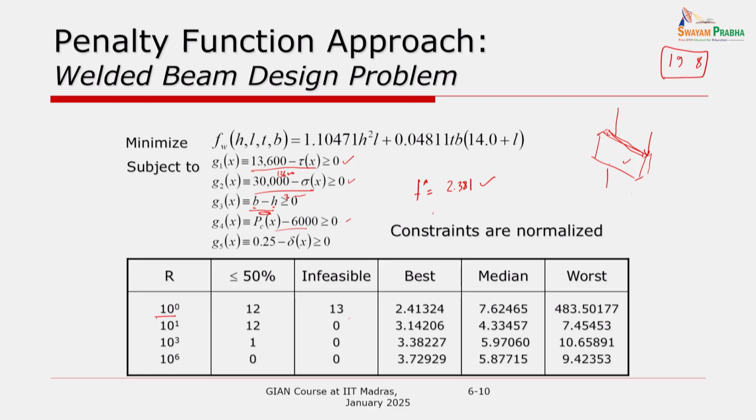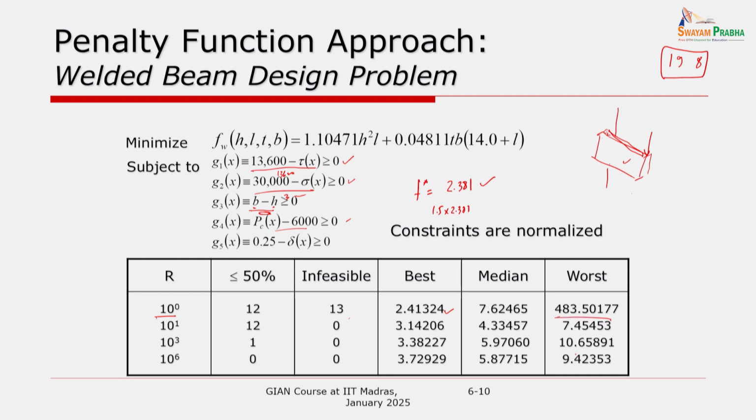So 1.5 times of that, I'm saying if I can get a solution within 50% of this, I'm happy. 12 of them I could find out of 37 feasible runs, which was not a good result, right? And you can see those 12 runs, I've got the best 2.41, which is within 50% of 2.381.